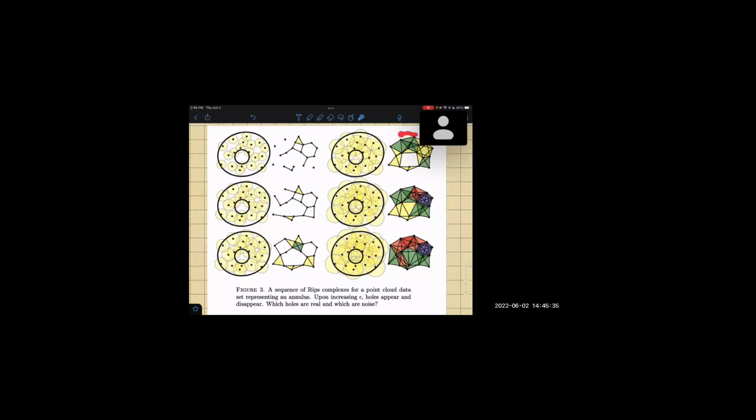Continuing further, as we increase again, we start to see many more 2-simplexes appearing over here, and we're only left with one hole in the middle. This epsilon is the one that I think most accurately describes the annulus. But if we increase epsilon even further, that hole closes up, and as we go further, it just keeps closing and stays closed.